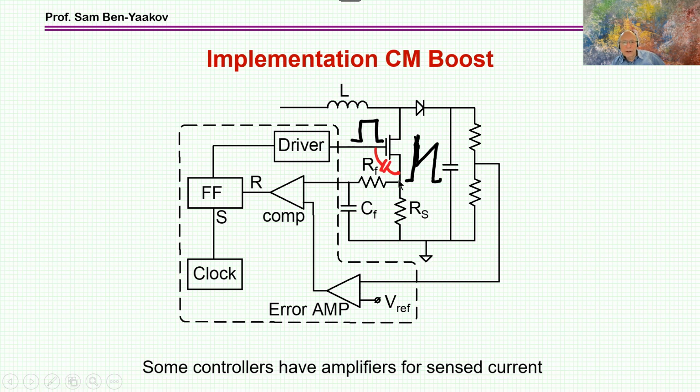Because suppose there is a short and the current goes up very high, very fast. As the current hits the maximum value here, which is equal to this one, the gate will turn off, so that you have a built-in protection cycle by cycle by the system itself.